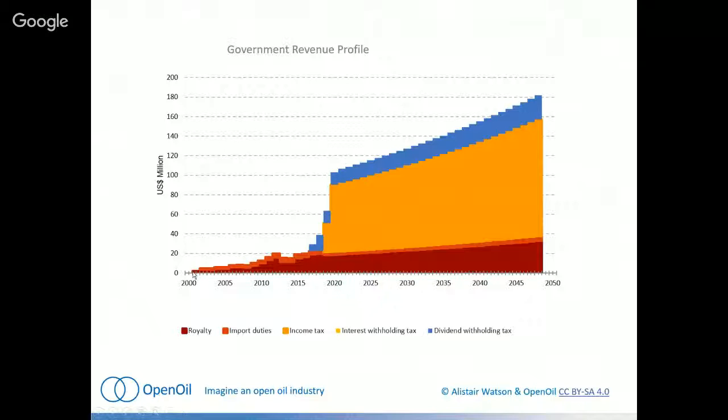So from the outset, there's a royalty that was initially 3% and is now 4%. Certain import duties, which are a function of the costs and the proportion of those that were imported versus domestically sourced. But we then see that the biggest chunk of revenue is this orange series, which is corporate income tax.